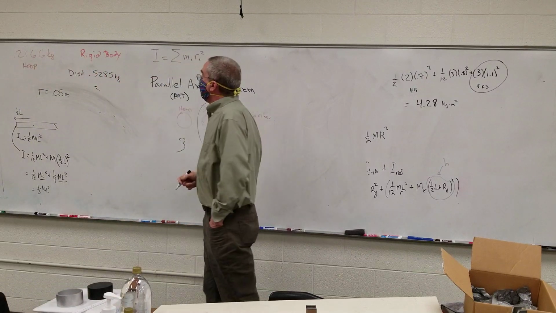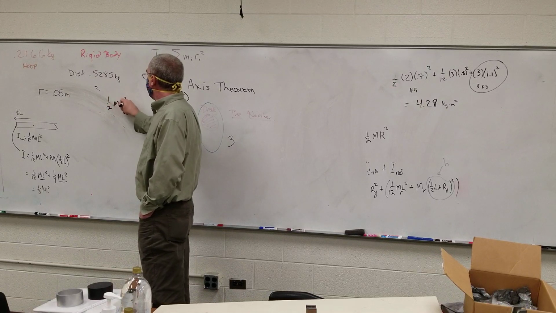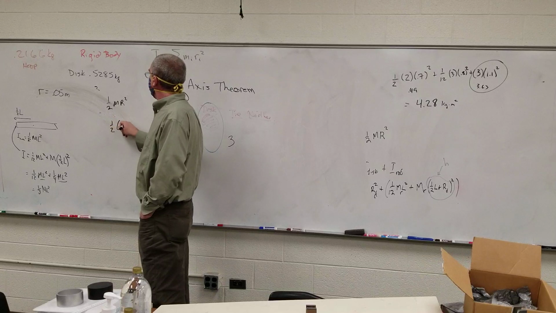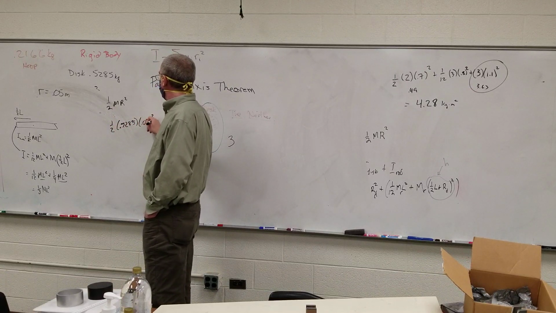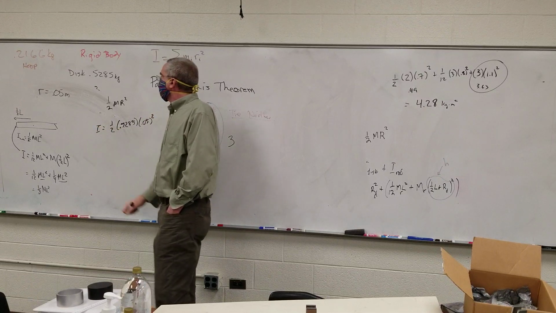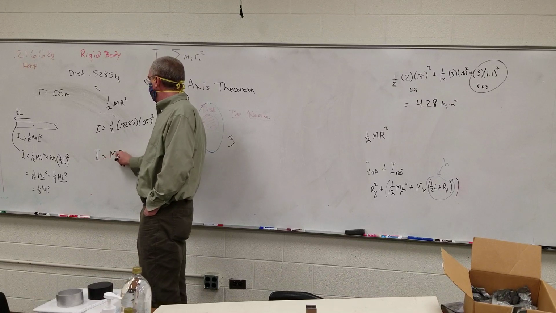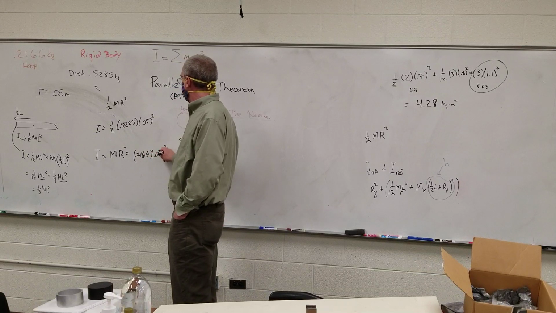So, the disk formula, 1/2 mr squared. So that'd be 1/2 times 0.5285 times 0.05 squared. And for the hoop, the formula is mr squared, which is 0.2166 times 0.05 squared.